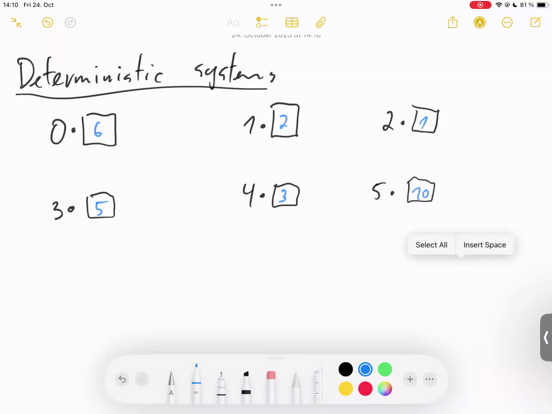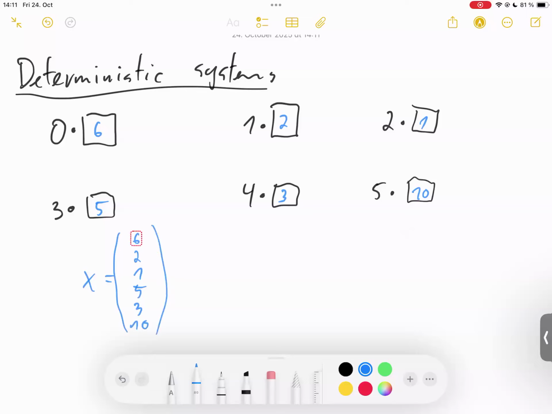And we can describe that state in which this system is as a vector. So we could say position 0 has 6 entries, the next position has 2 entries, the next position has 1 marble, then 5 marbles, 3 marbles, and 10 marbles. So this is our vector.